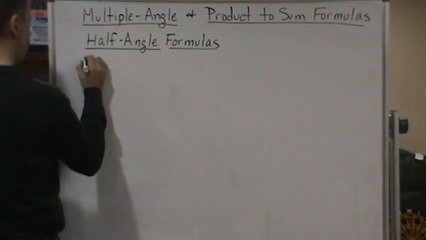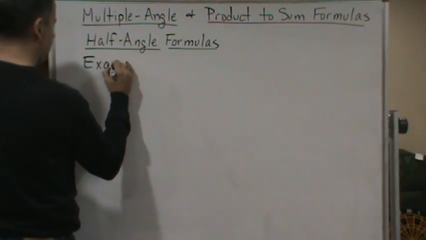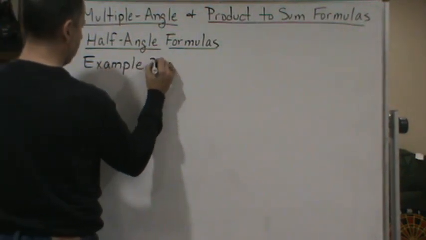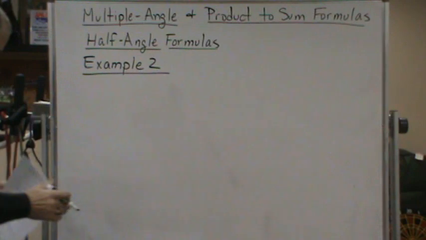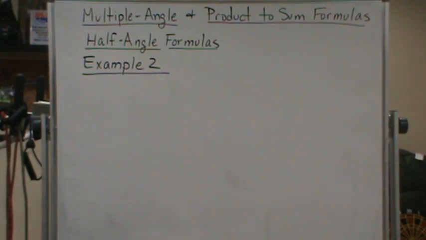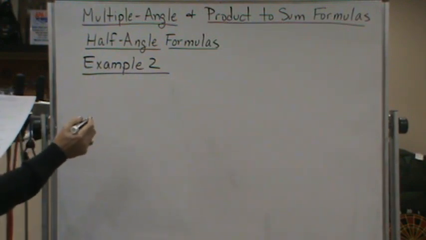So example 2 says, solve the following, find all the solutions of the following on the interval from 0 to 2 pi.